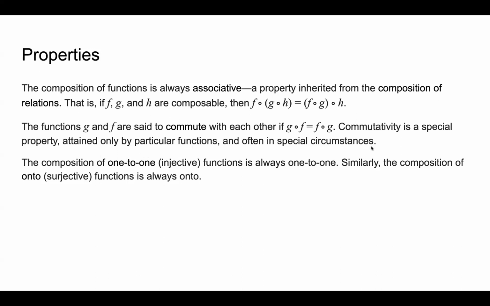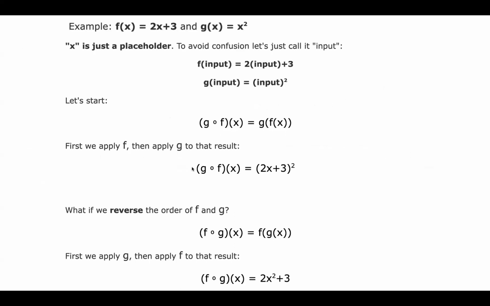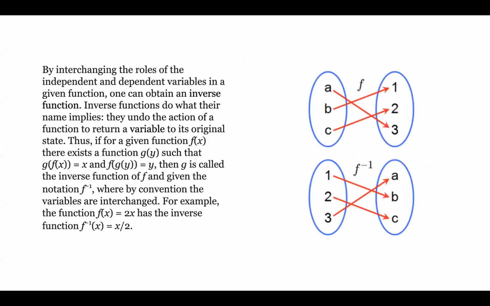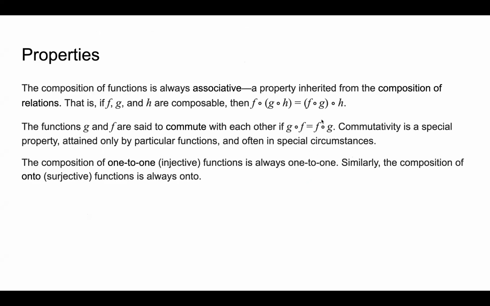Actually, this property holds in very rare cases. Means functions generally are not commutative. We can see here g composite f is different and f composite g is different. It is attainable only in special cases. In special circumstances only can we consider that both functions are commutative to each other, but it is not always, it is a rare case.